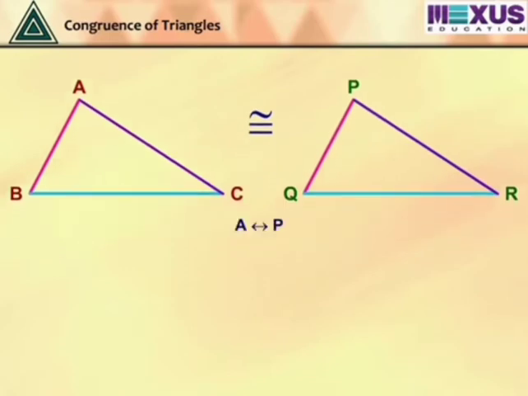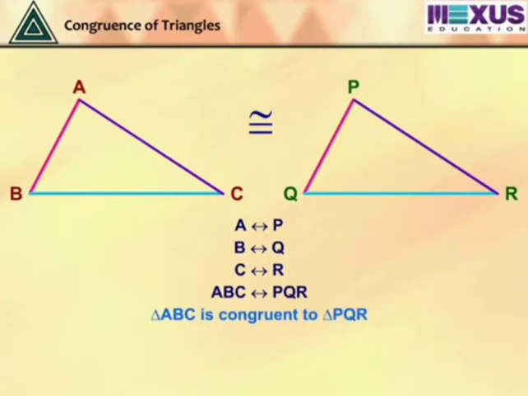Otherwise, you can say A corresponds to P, B corresponds to Q, and C corresponds to R. The sign between A and P is correspondence. That is, ABC corresponds to PQR. That means triangle ABC is congruent to triangle PQR.